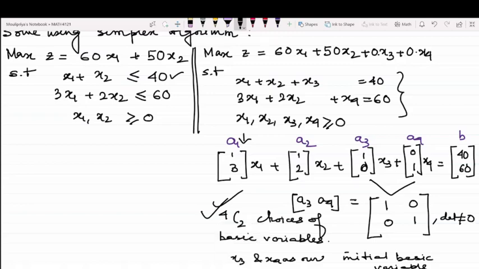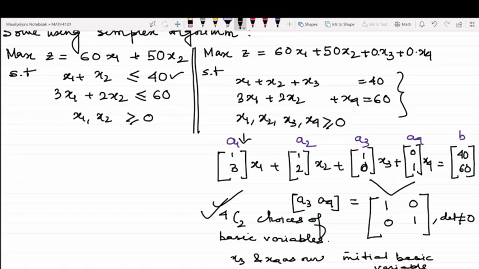Why? Because the determinant would always be equal to 1, because the corresponding coefficients would be the identity matrix. Am I okay with this?